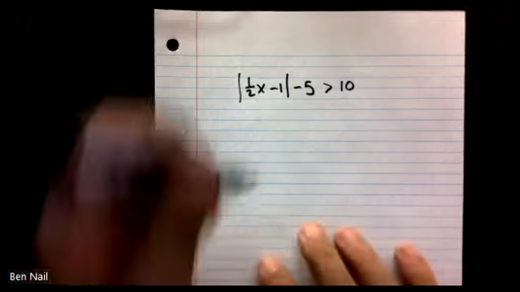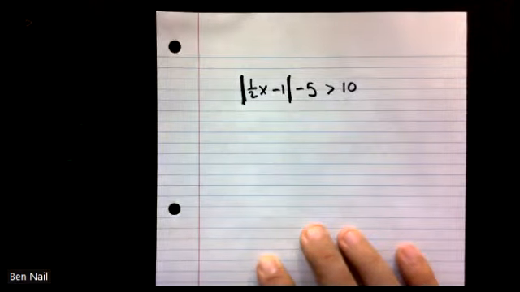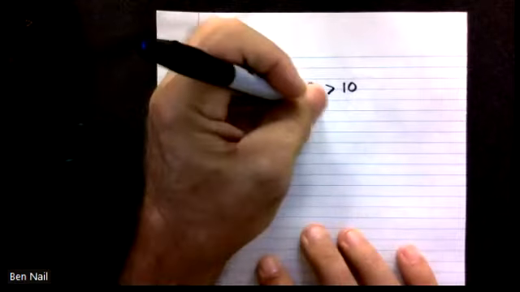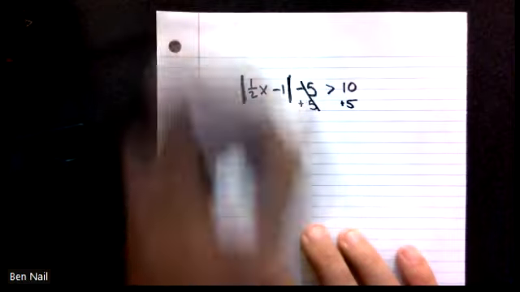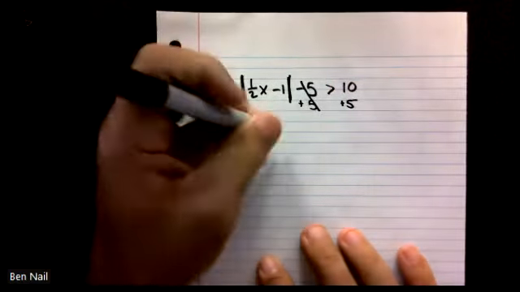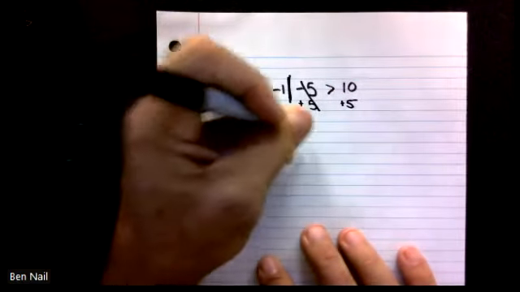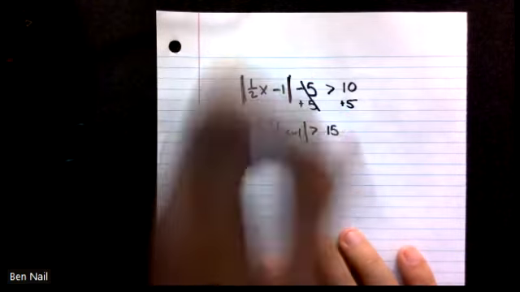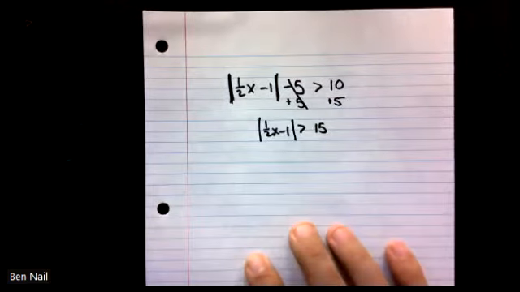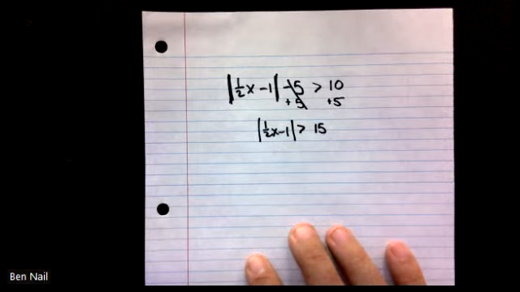Same as before. Step one, we want to isolate this absolute value piece. We got to get that absolute value by itself. To do so, we got to get rid of the stuff on the outside. Opposite of subtracting is to add. So absolute value of 1/2 x minus 1 greater than 15.